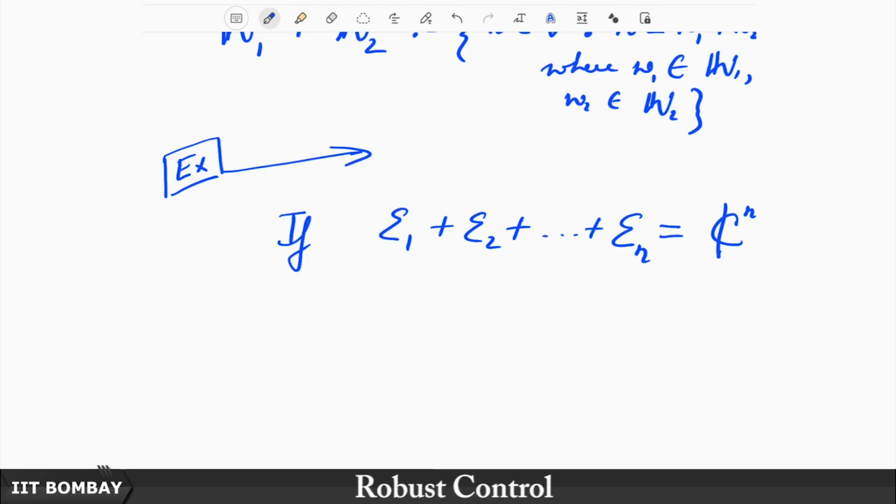In that case maybe E1, E2, E3, E4, E5 all correspond to the same eigenvalue, but they all generate these different kernels. So the kernel will be 5 dimensional.